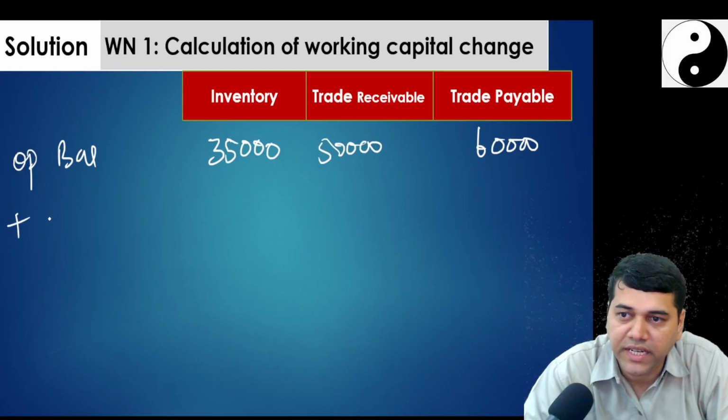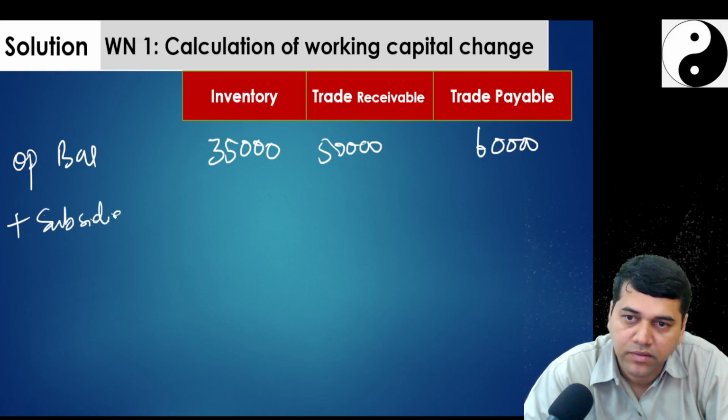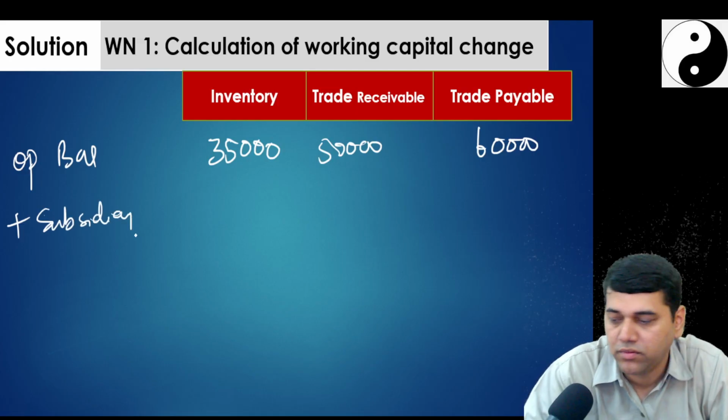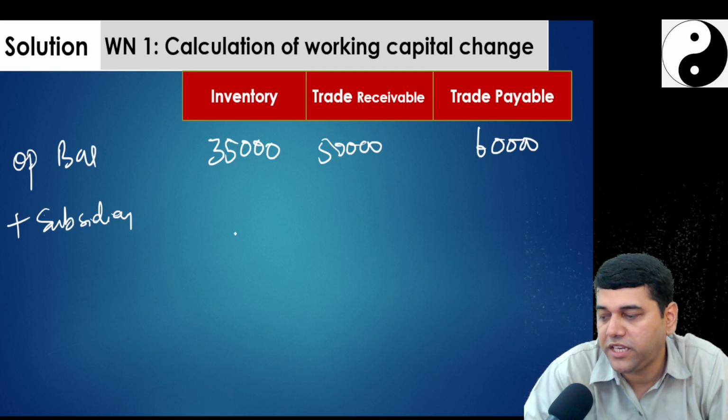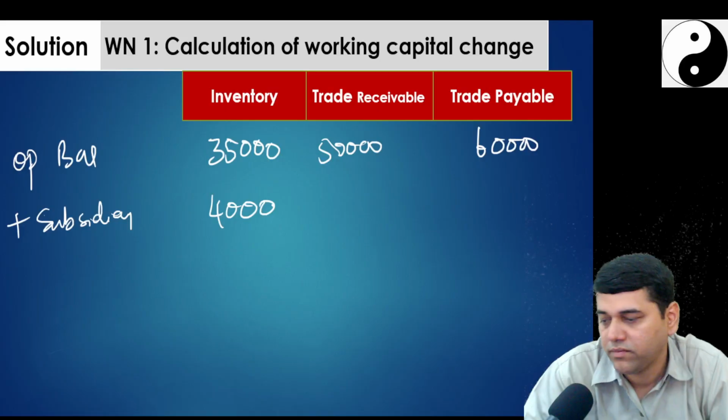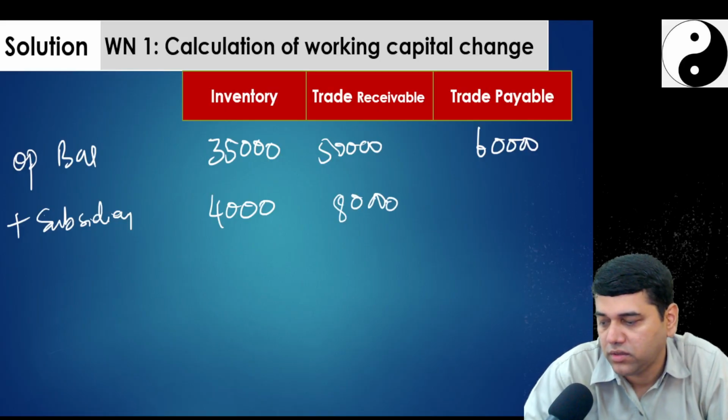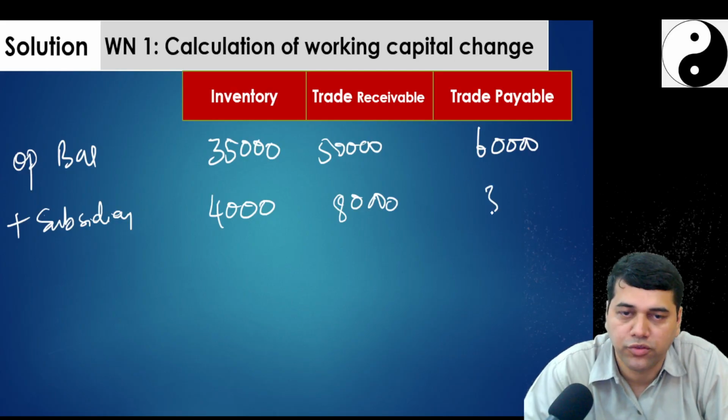How much inventory acquired from subsidiary? Because there's a change, you know. Subsidiary inventories, you got 4,000. Trade receivables, you got 8,000 and 32,000.